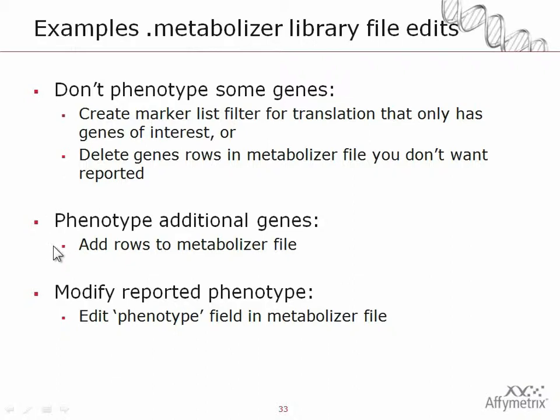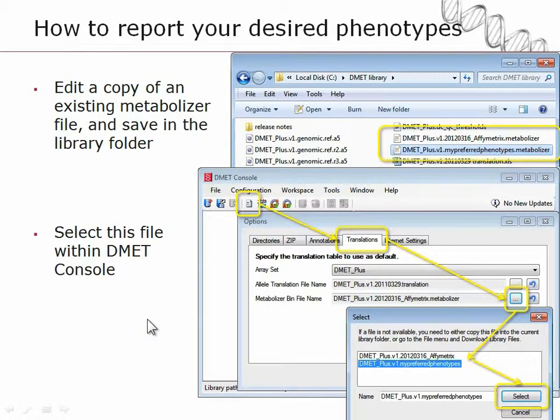If you want to generate phenotypes on genes that aren't in the metabolizer file you have, you can always add additional rows. The format's fairly straightforward. Or you can modify the reported phenotype by just editing an entry in the file. Once you've edited your copy of the metabolizer file, you need to put it in the same folder that DMET Console uses when it looks for its library files.